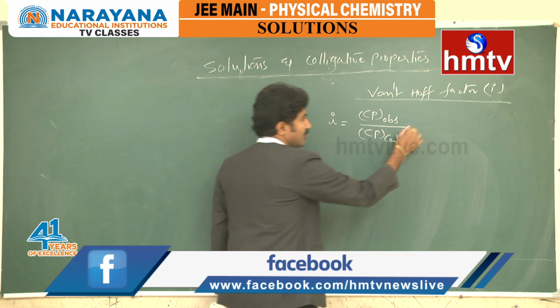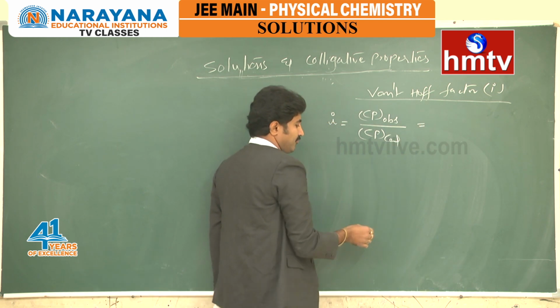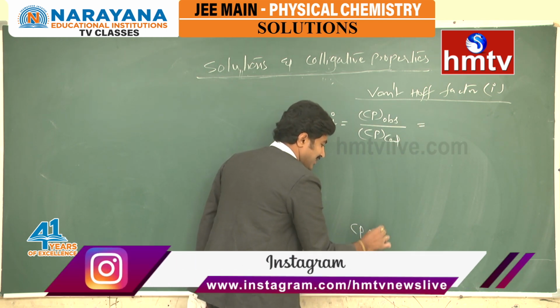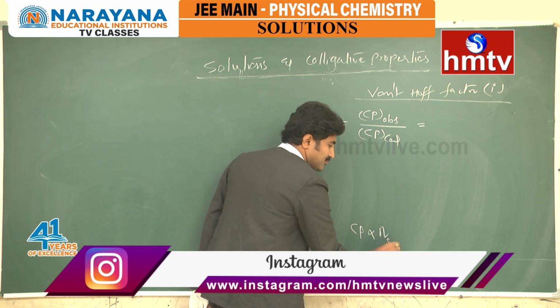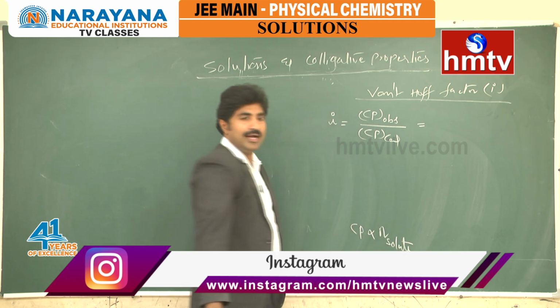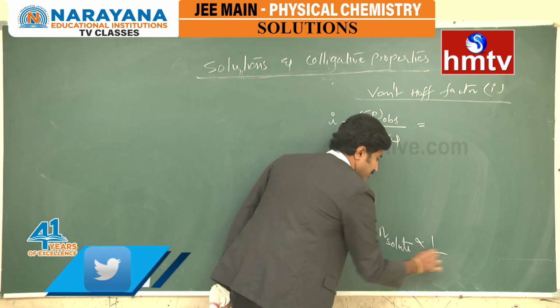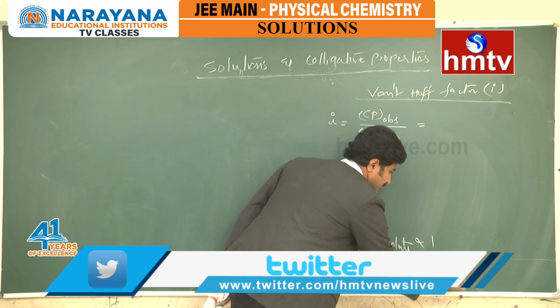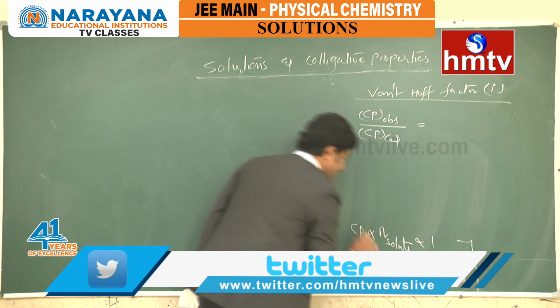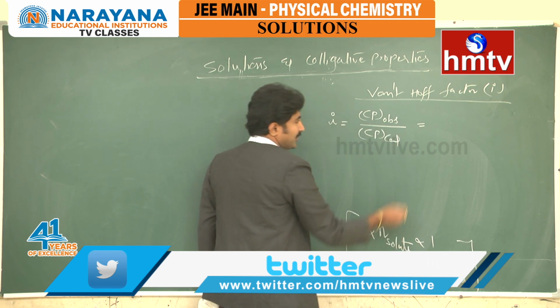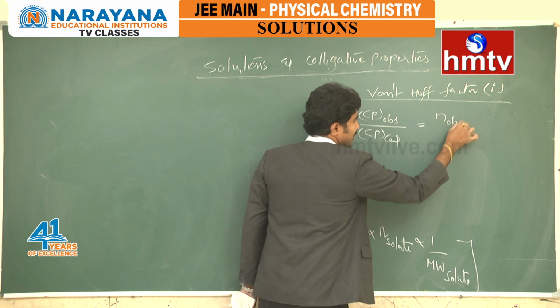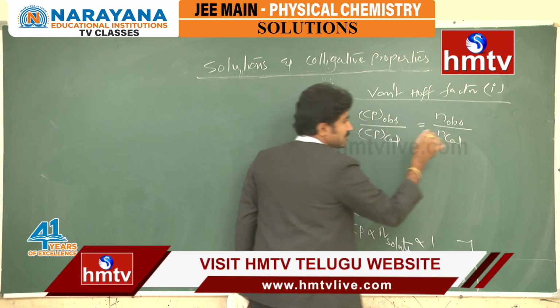Or it is also defined this way: we know colligative property is directly proportional to the number of moles of solute particles. And what is the number of moles? Weight by molecular weight. That means it is inversely proportional to the molecular weight of the solute. Based on this relation, we can understand this as the ratio of observed moles to calculated moles.